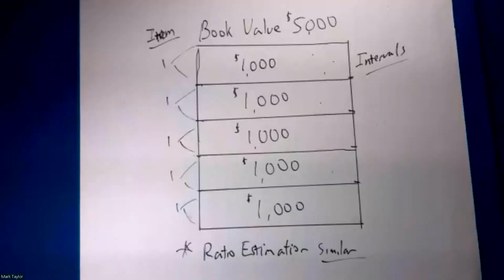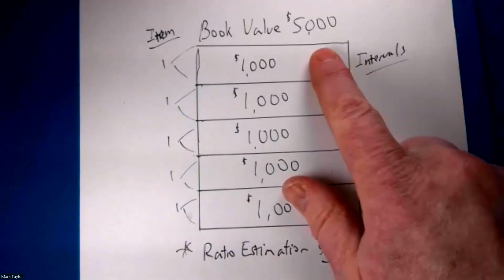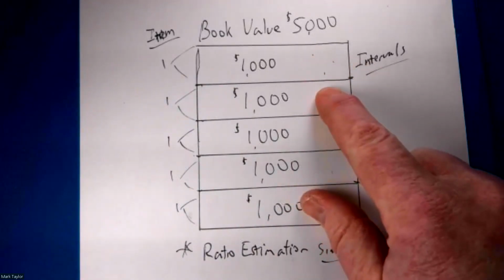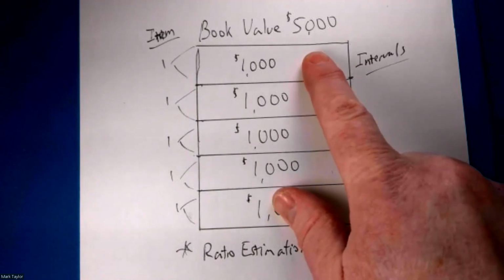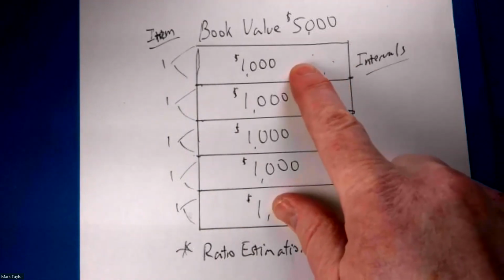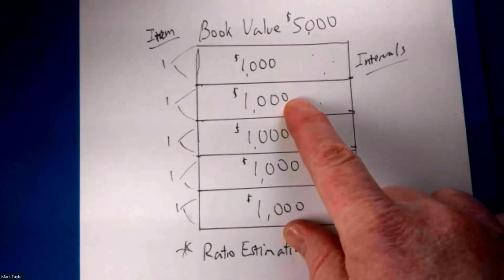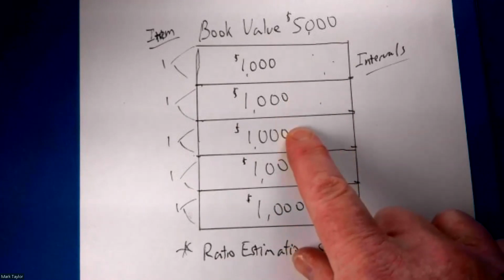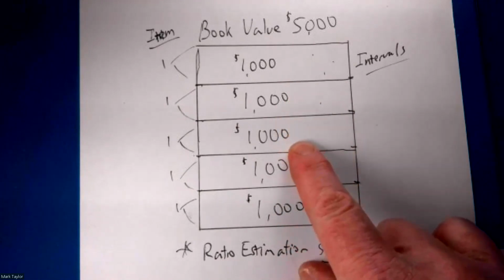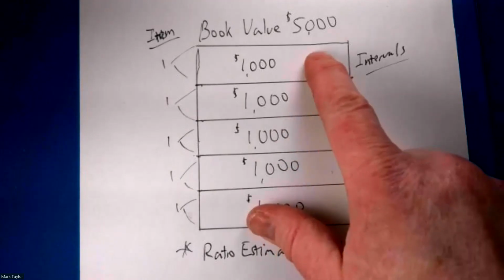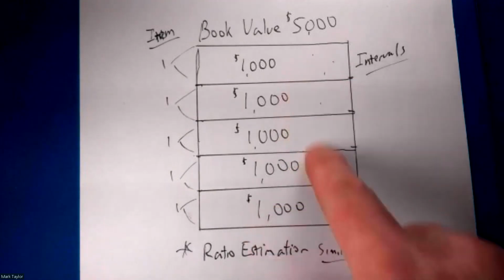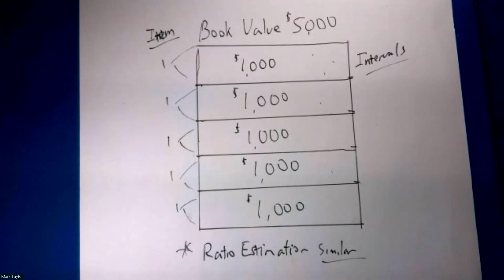Now, what we're going to do next is pick the item that crosses the interval into the next one. We're going to look at the cumulative totals and see which one puts us past 1,000, then which one puts us past 2,000, which one puts us past 3,000 and 4,000. The item that crosses the line is the one we're going to pick.